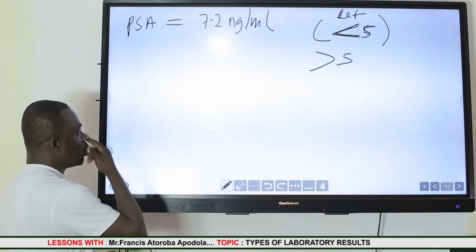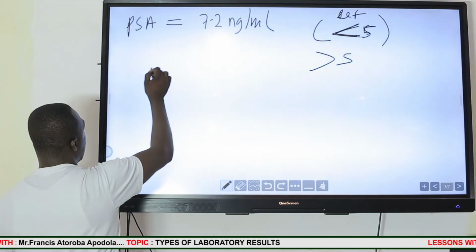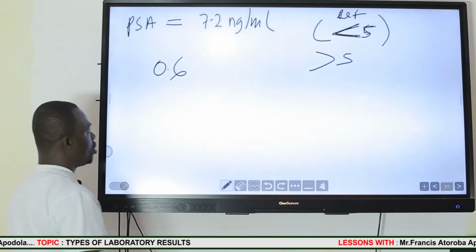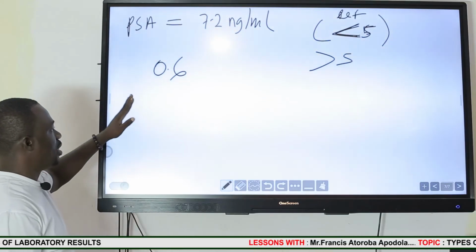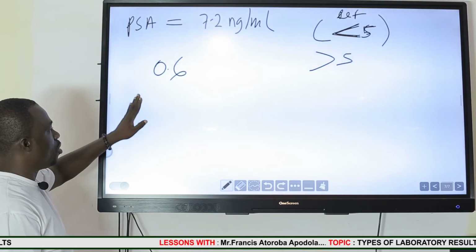So if we take a test result of, say, PSA as 0.6, a test result of 0.6 is less than 5, and hence the result is said to be normal.